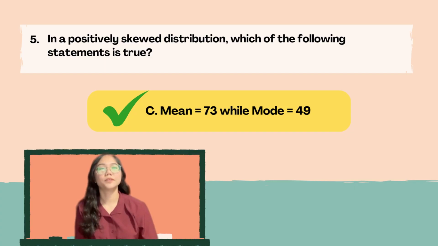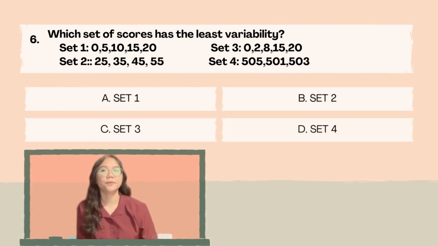The mean becomes the largest, the median is in the middle, and the mode, or the most frequent or peak score, is the smallest. Among the choices, the statement mean is 73 while mode is 49 fits this pattern since the mean is higher than the mode.